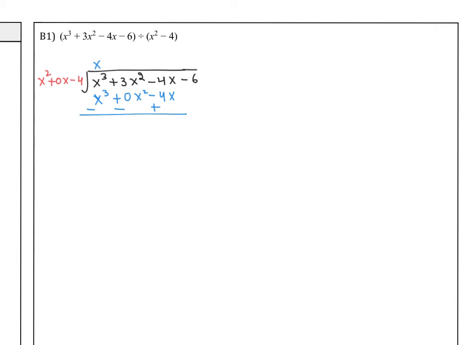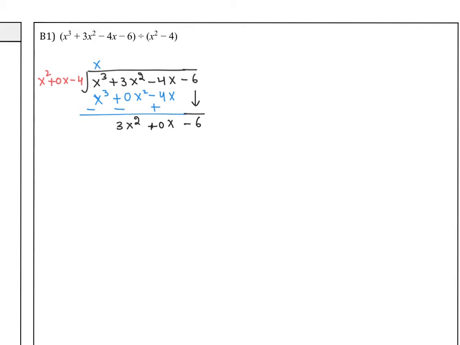The x cubed and negative x cubed cancel. 3x squared plus 0x squared is going to be 3x squared. 4x and negative 4x cancel, so this term gets cancelled, and that's going to be 0x. Bring down the negative 6.